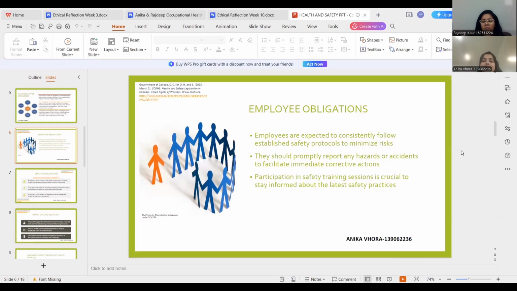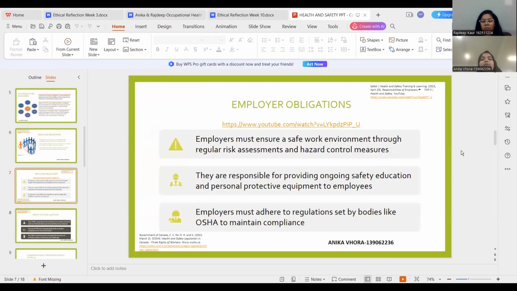So the next slide will be based on employers, who must ensure a safe work environment through regular risk assessment and hazard control measures. As I told you before, we have to measure everything in occupational health and safety.